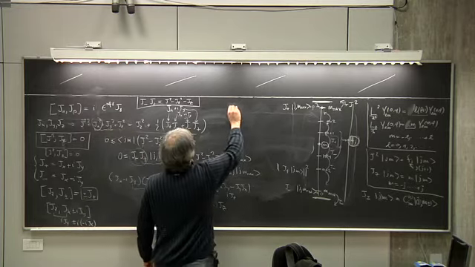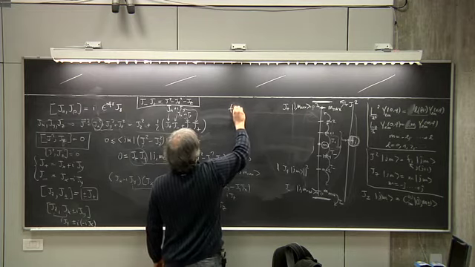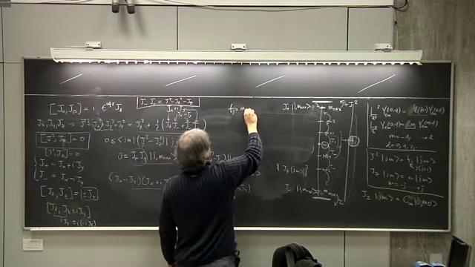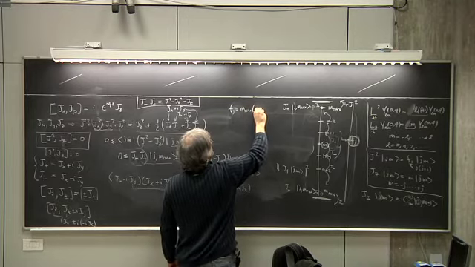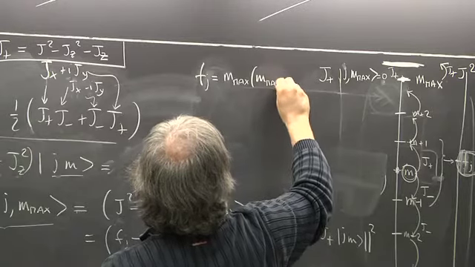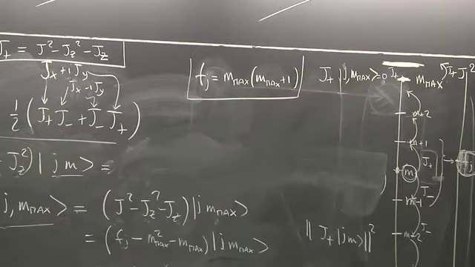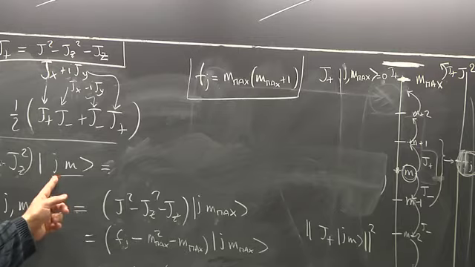fj must be m_max squared plus m_max, or if I write it differently, this. You agree? Now, here I solve the mystery of the label. Why did I insist on calling this object j and not fj?